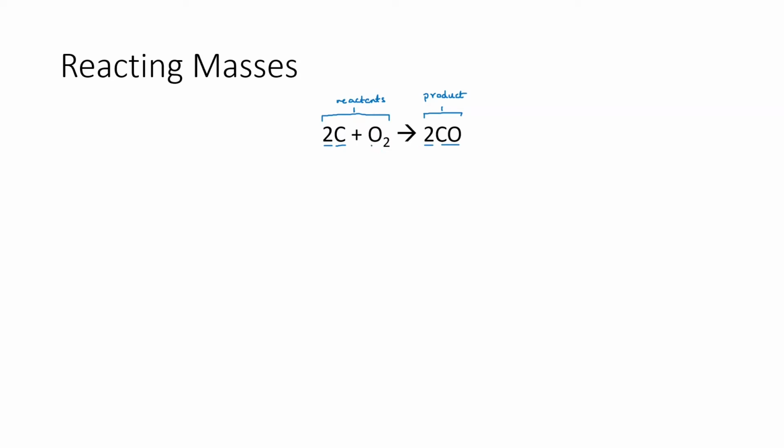And in front of oxygen, you have no number, so that automatically means that this is going to be a 1 over here, right? So these numbers in front of each formula are known as coefficients, or the more technical and fancy term for this is the stoichiometric coefficient. And this basically tells us the number of moles of each reactant and product.